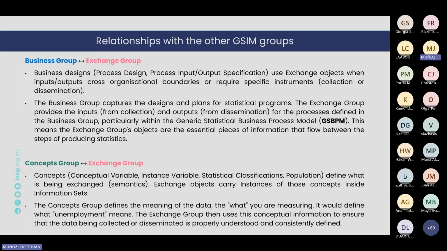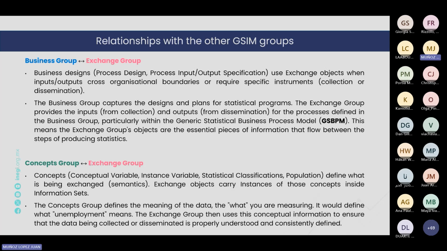The business group defines the why and when of our process. The exchange group provides the what and how, the inputs and outputs that flow between the steps of those business processes. The concepts group defines the meaning of the data, the what we are measuring.